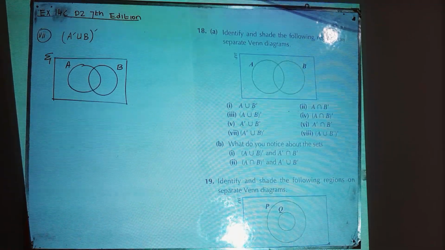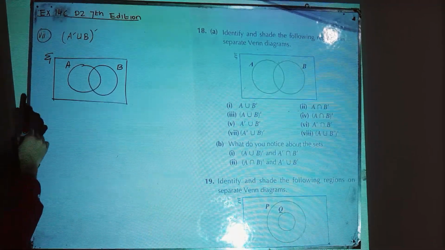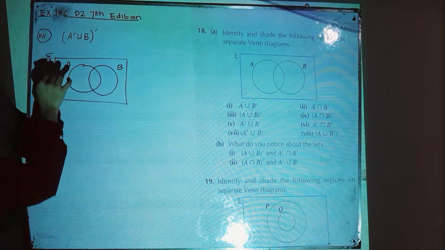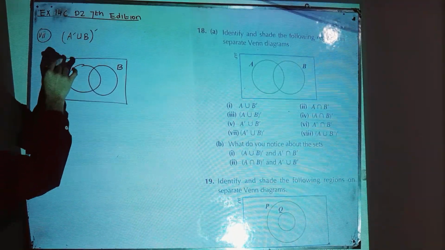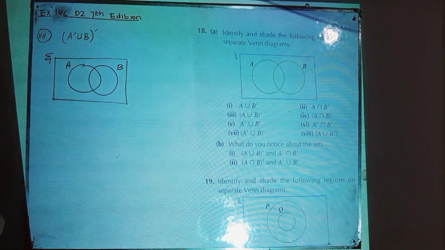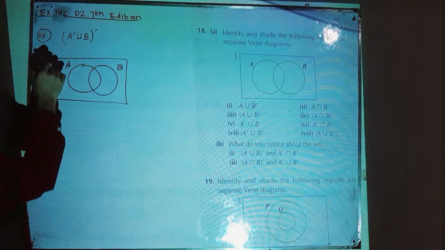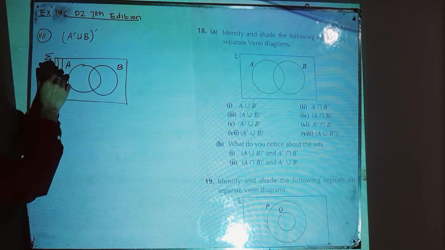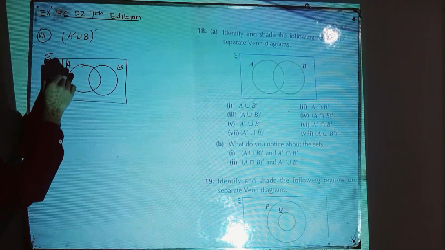A complement union B. So first of all, identify A complement. All the region outside A will be part of A complement, and let's shade it with vertical lines.